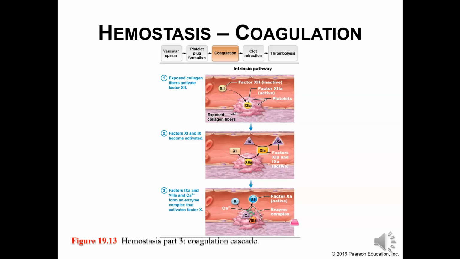Then factors 9 and 11 become activated through activation of 12A. Factors 9A and 8A and calcium form an enzyme complex, this area that I'm circling here, and that will then activate factor 10 to active 10. That's called the intrinsic pathway.